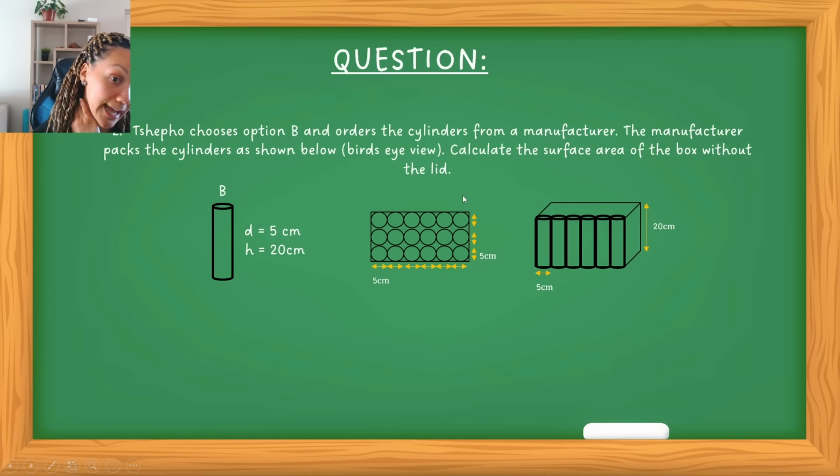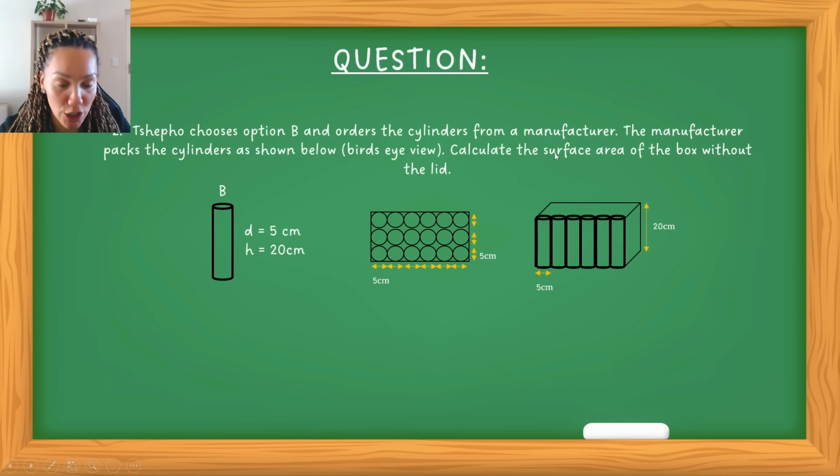The question says, calculate the surface area of the box. If this is how they pack it, you have to use the dimensions of the cylinder to find out the total dimensions of the box. You see there's only one cylinder in each box height-wise.